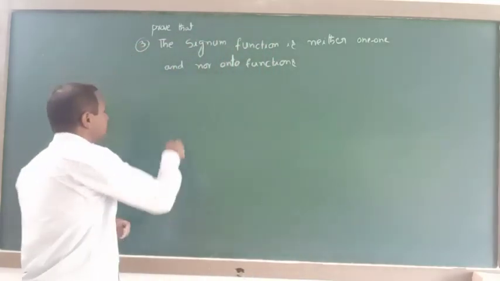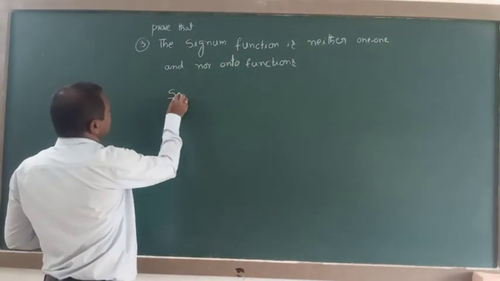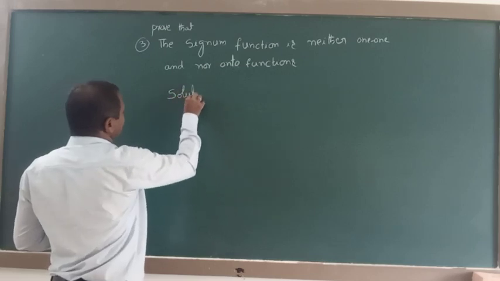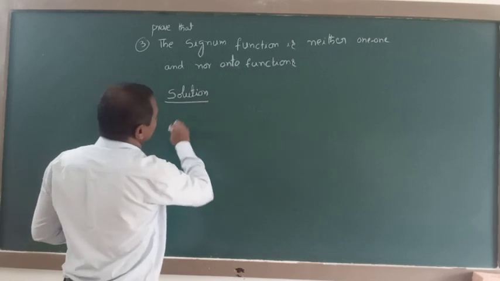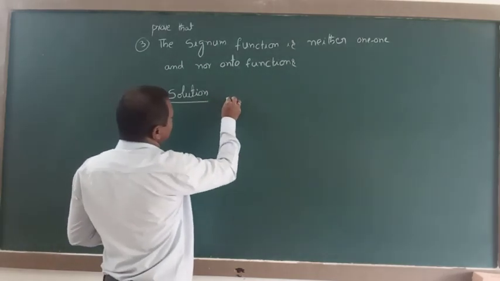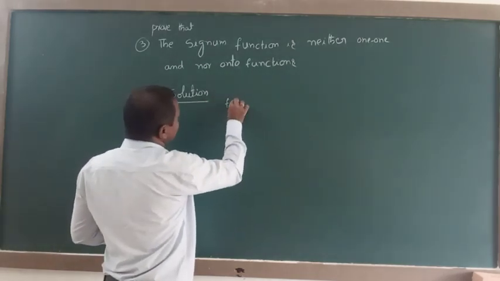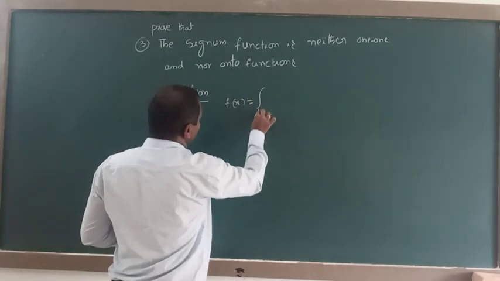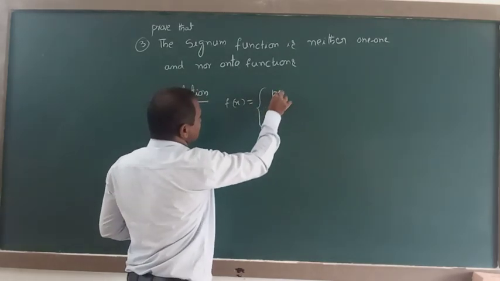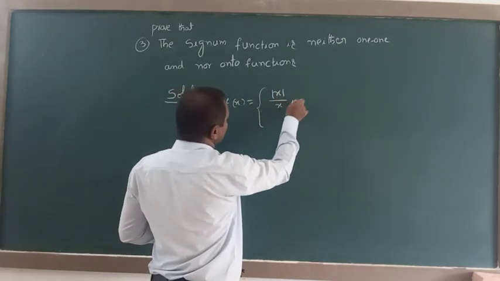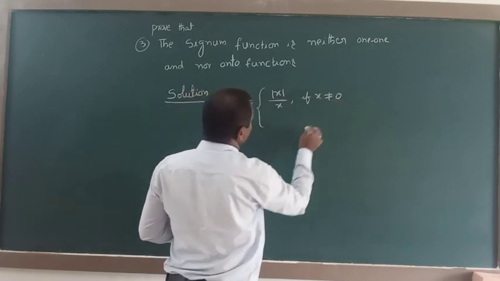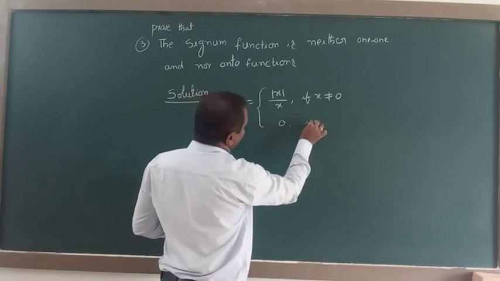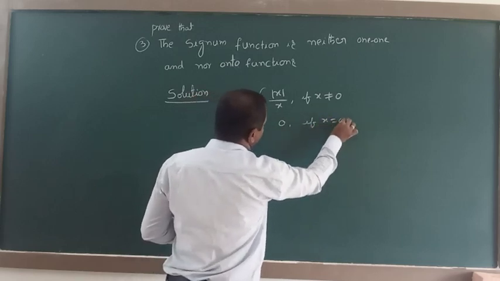The solution is: f of x equal to the signum function, f of x equal to modulus of x divided by x if x is not equal to 0, and 0 if x equal to 0.